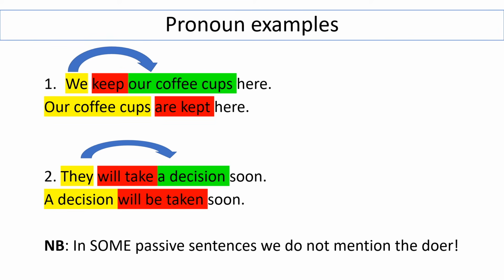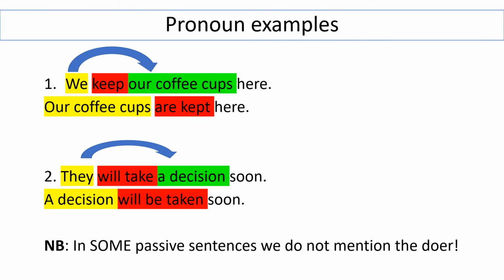Number 2, they will take a decision soon. Step 1, will take is the verb. Step 2, they is the subject, will take is the verb, and a decision is the object. Step 3, we need to begin the passive sentence with the object from the active sentence, a decision. Step 4, change tenses using the tense table.